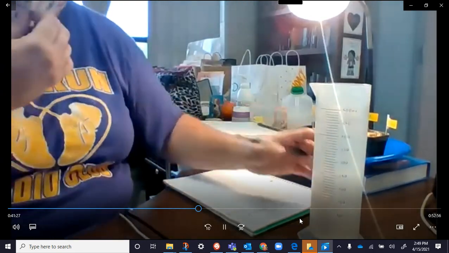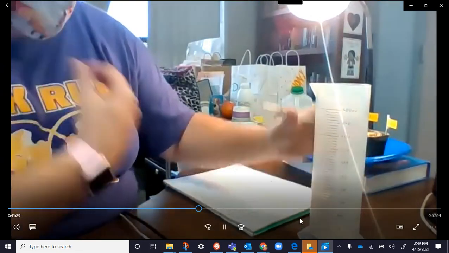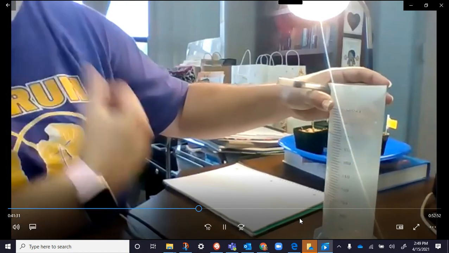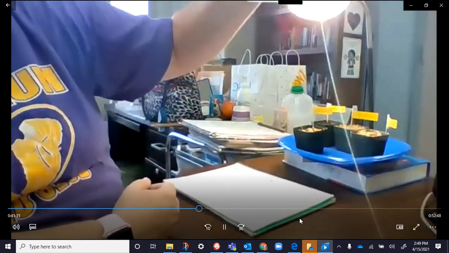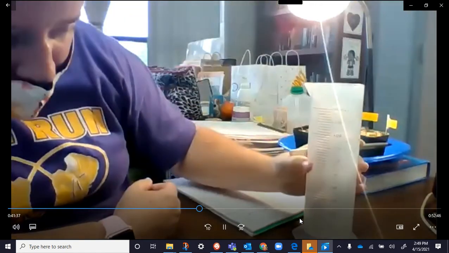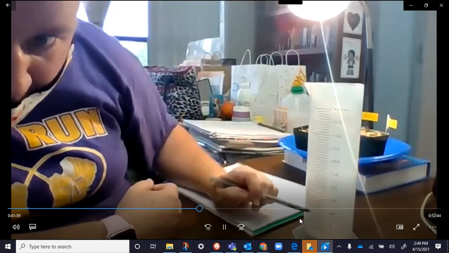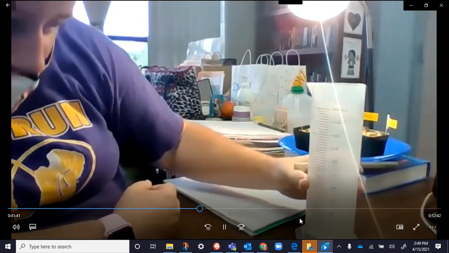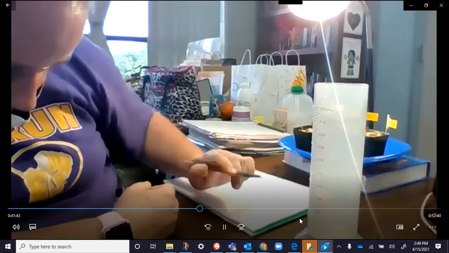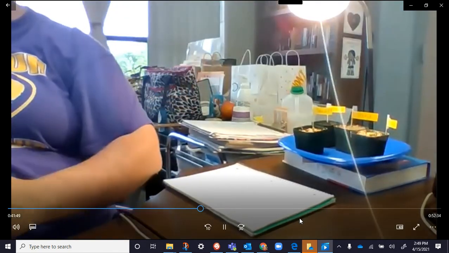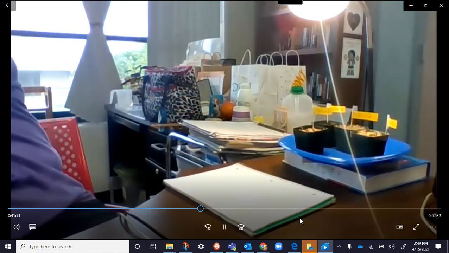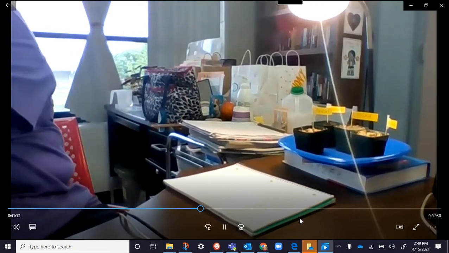All right, if you were late joining, we're measuring our water of what drained out. It is just right under the 90 mark, kind of close. Let's just say it's right under. Let's do 85 because it's kind of in between there.